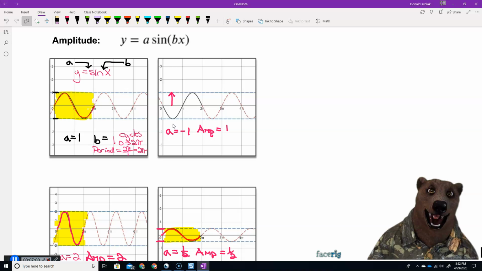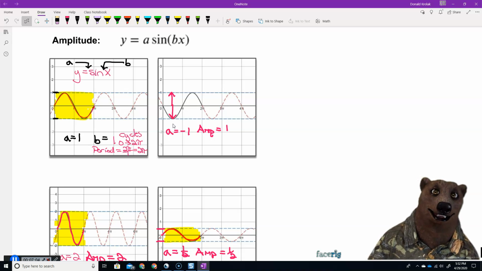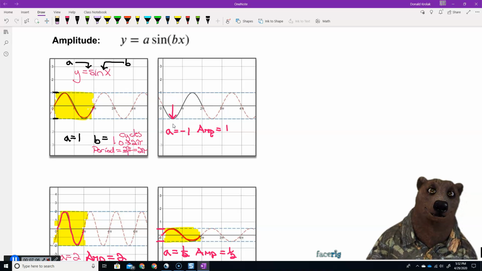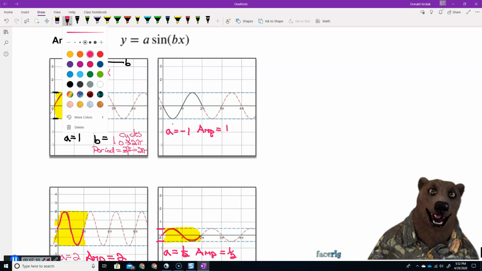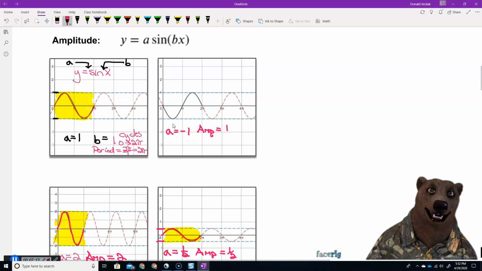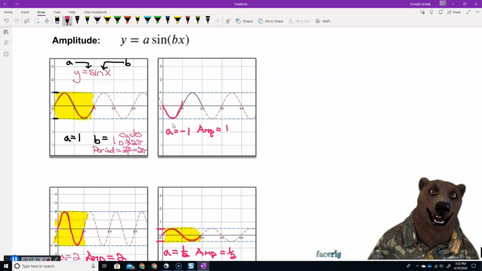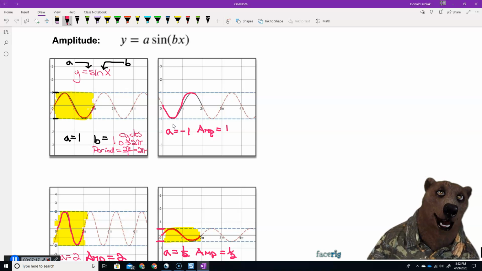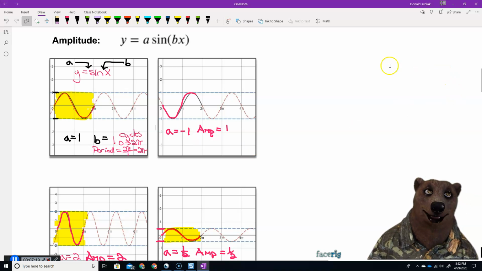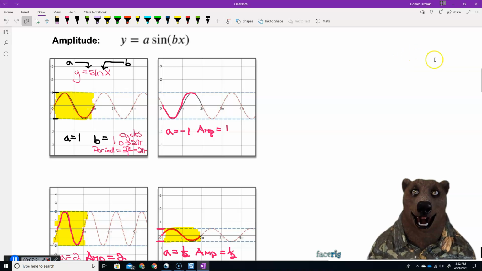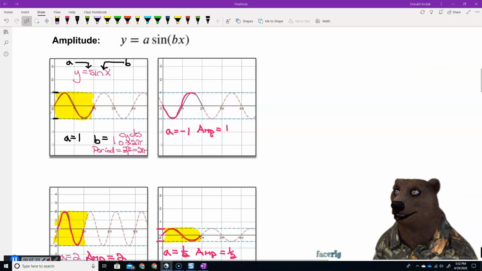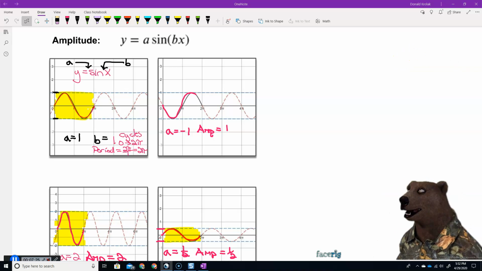That's 1, that's -1, even though all the negative does is flip it over the x-axis. Here's one cycle of sine right there. And that's going to give me my frequency is 1.